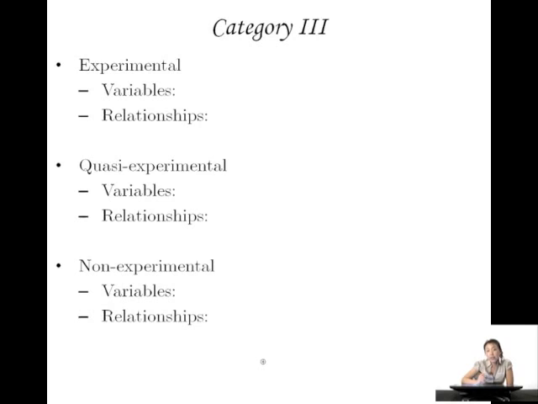All right, so in category 3, let's break down these 3 different types. So experimental research strategy, you know that you need at least one categorical. And that's actually the case for all of these. At least one categorical.